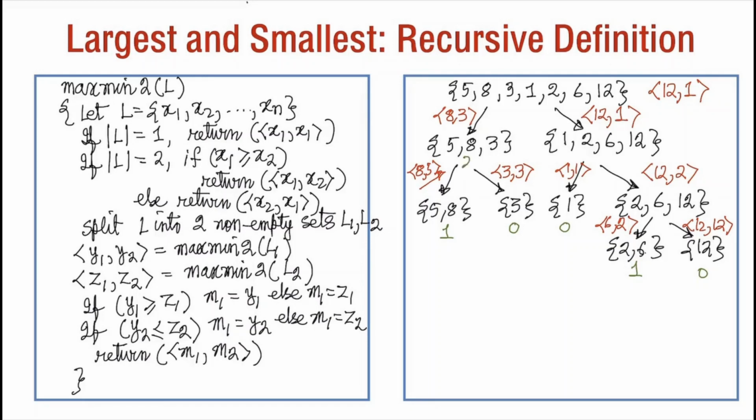So here we need 2 comparisons, here we need 2 comparisons, and here we need 2 comparisons. And here we need 2 comparisons. So total number of comparisons is 1 plus 1, 2 plus 2, 4, and 2 to 6, to 8, 10. So we require 10 comparisons.